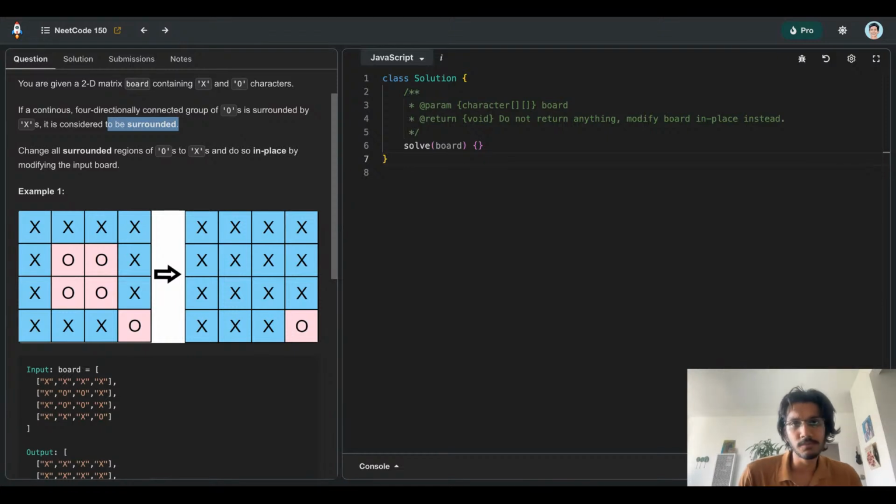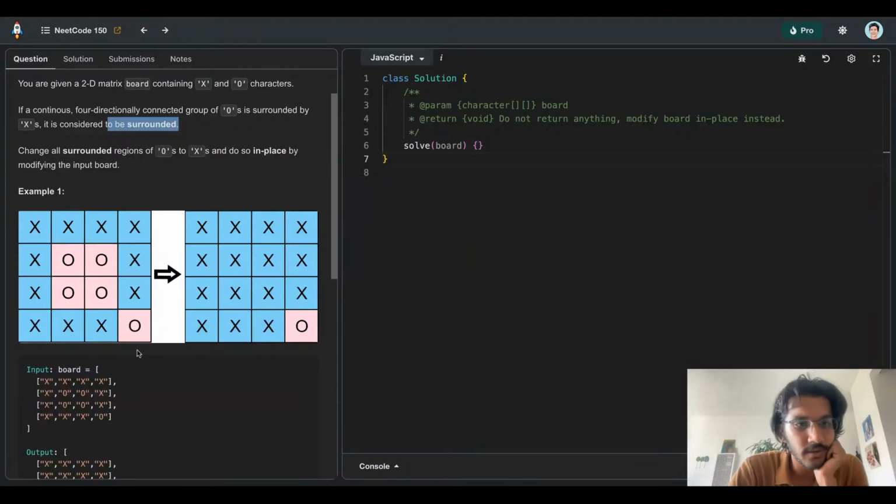Cool. So the way I'm thinking about it, the brute force approach would be you look at the entire board. There will be a lot of duplicate work, but you start from the top left and see if you're at a 0. If you're at a 0, then you go through the X's around.